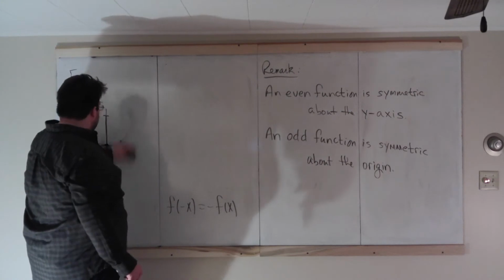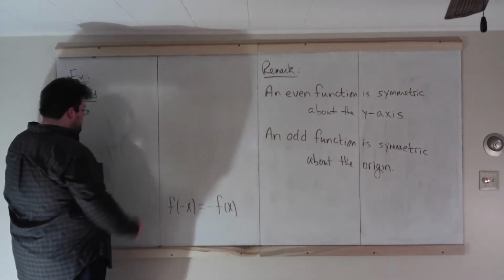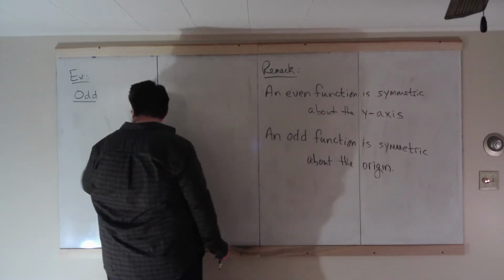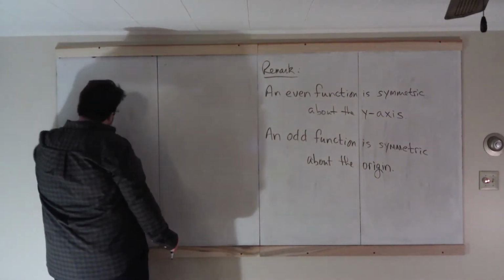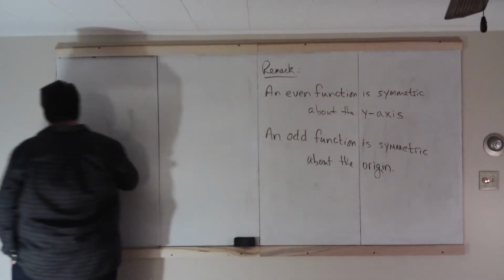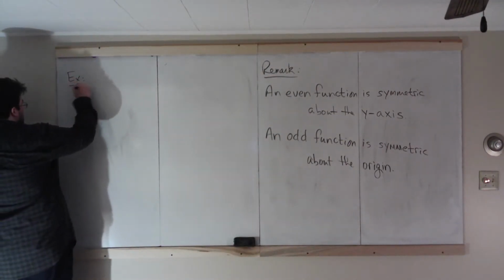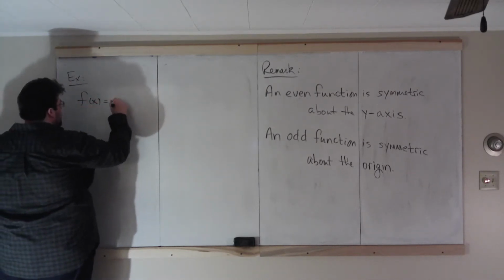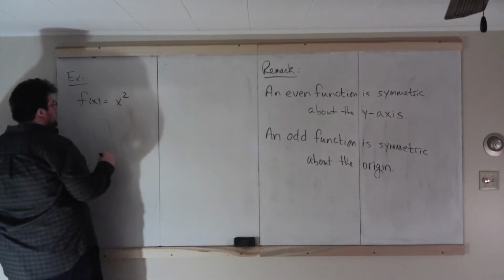So what are some examples? Well, in this informal proof of that remark, you may have come up with a couple examples. Example: f of x equals x squared. We'll do even functions first.